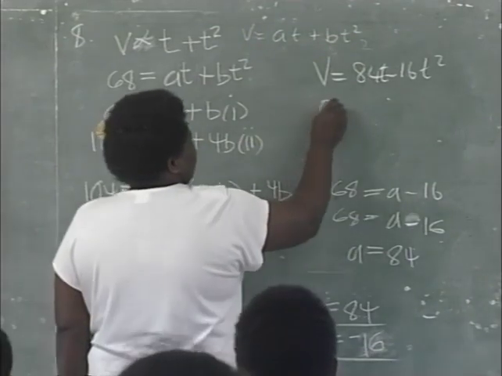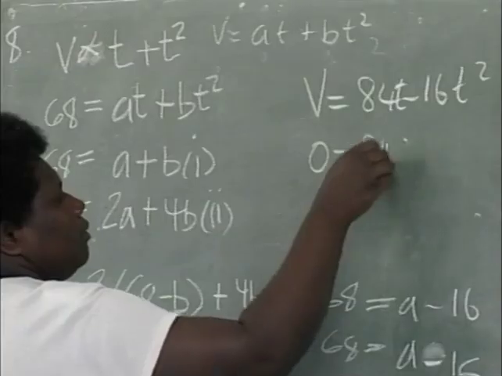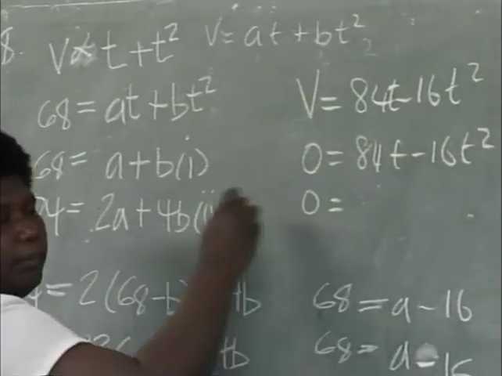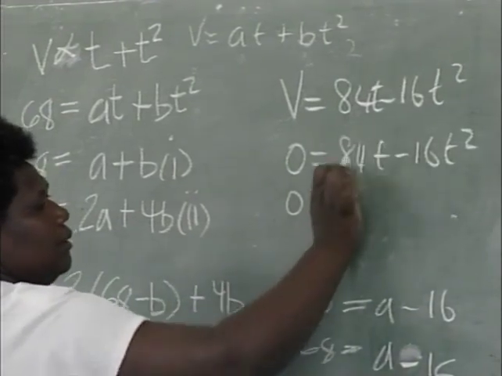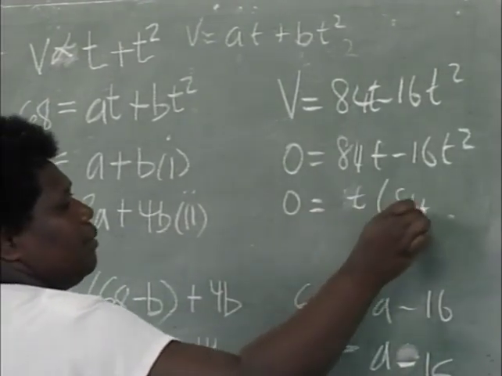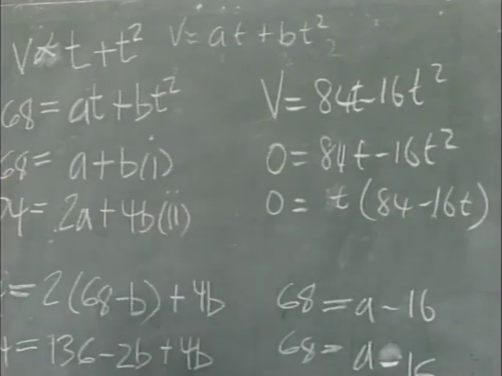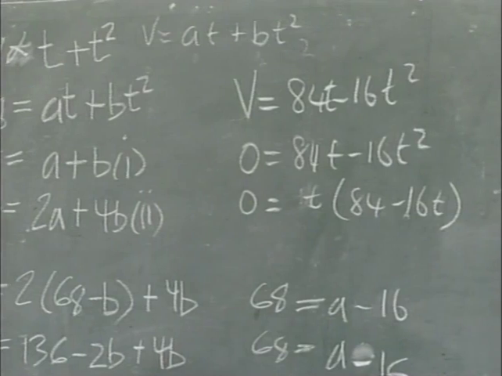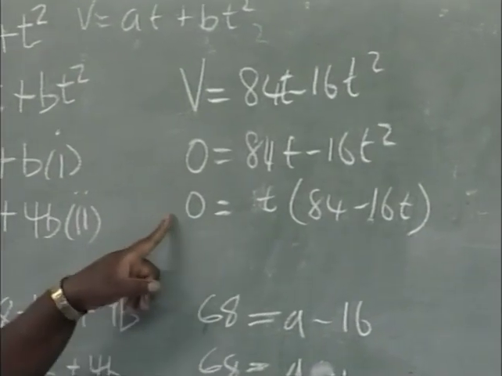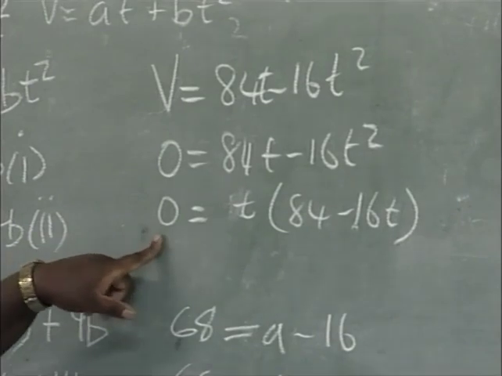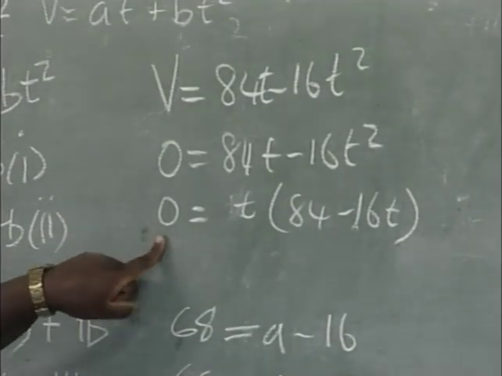So all we have to do is make V equal to 0 and solve for T. When we do that, we get T times 84 minus 16T. T equals 0 is at the start, so that will not be an answer.